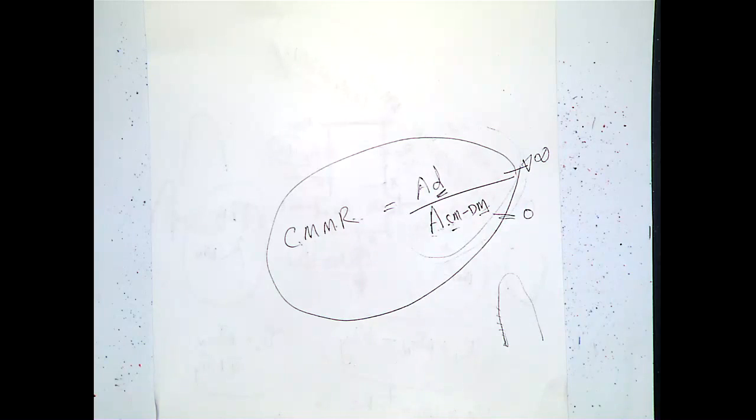Because different definitions are there, this is exactly what is mentioned in the data sheet of the differential amplifier. I can show you. So we write it CMRR-DM.